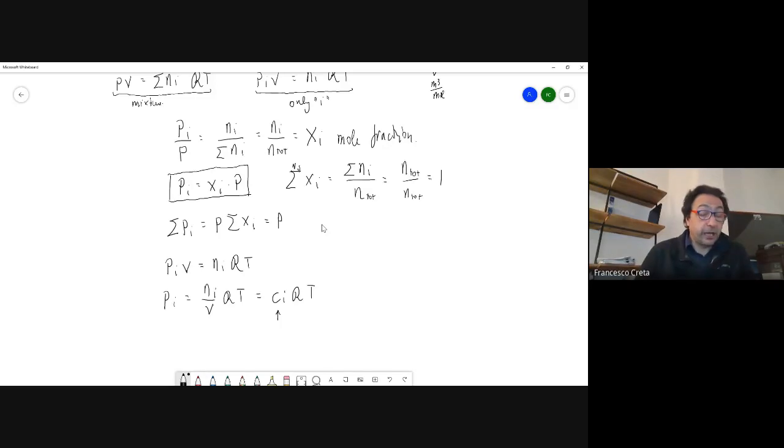C will be the inverse of what we've defined before as the molar volume, and it is measured in moles per cubic meter.